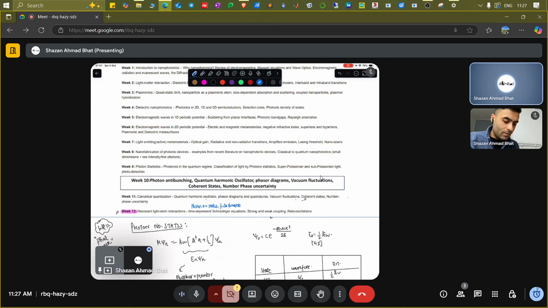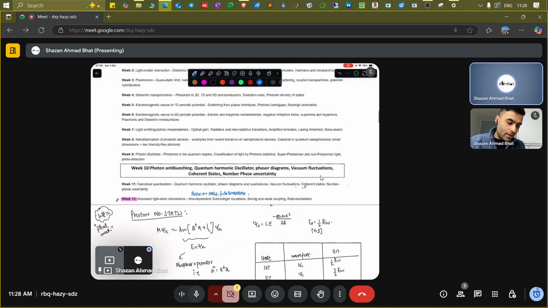So basically, it's all about going from a classical harmonic oscillator to the quantum harmonic oscillator, and all of the notations and operators you get while going from classical to quantum have been covered in this particular session.